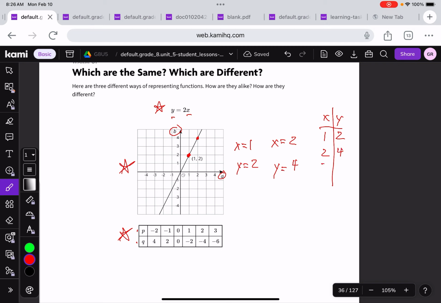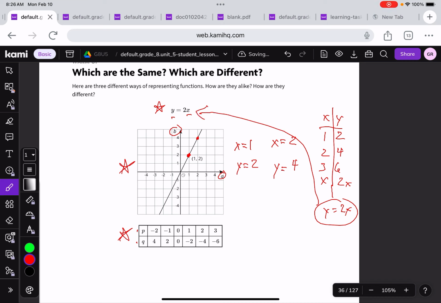As you can guess, 3 would probably be 6. And you might be noticing, well, what if we just put in x? What is x? If I did right divided by left, I get a constant of 2. 2, 4 divided by 2, 6 divided by 3. So this is 2x. You're going to notice, well, y equals 2x. This is the same, other than it's different letters.